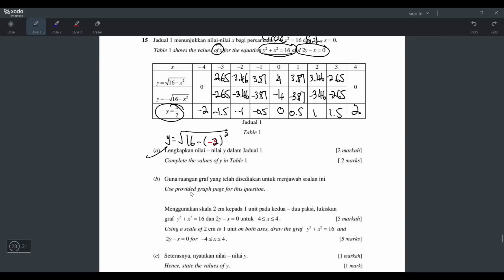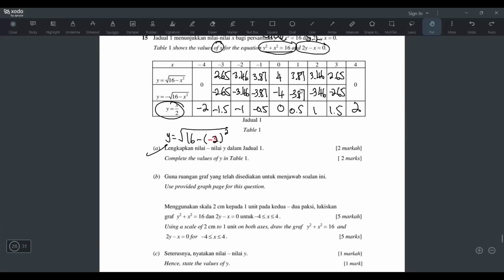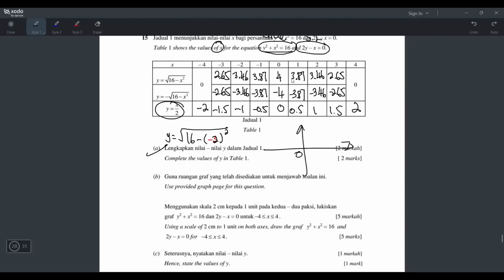So now I will do B. So A is done. B, use provided graph paper, okay? And then they say using scale 2 cm to 1 unit, draw the graph, right? Okay, so if you look at your table, the circle has positive values and negative values, right? They are the same values, it's just that they have different signs. So if I am you, I will just place my 0 in the middle like this, right?